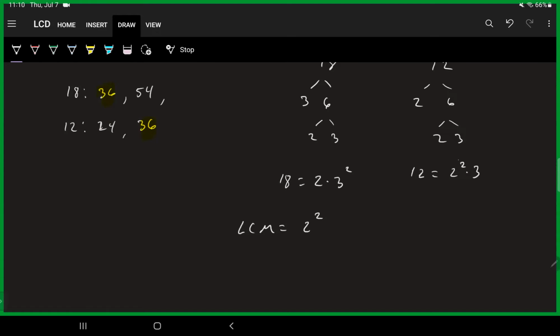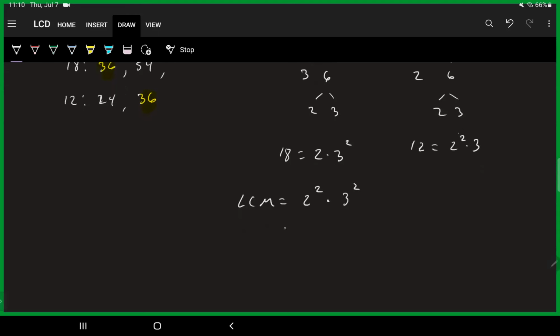I have a 3 squared in 18 and a 3 in 12, so I'm going to take 3 squared out of the 18. And if one of these numbers had a 5 in it, I'd have to have 5 represented. If it had an 11, I'd have to have that in my least common multiple. We're going to take every single factor that's represented, and basically we're going to take the highest exponent from each one. Well, 4 times 9 is 36, and that gives me my least common multiple.